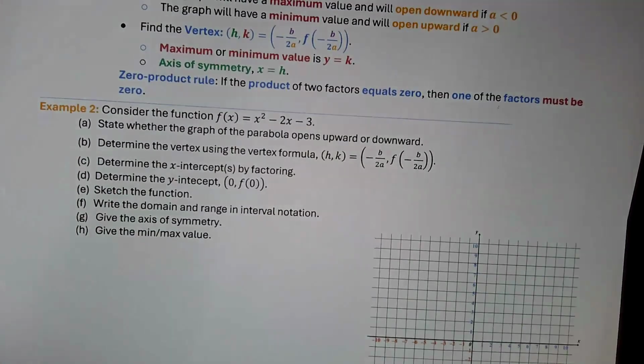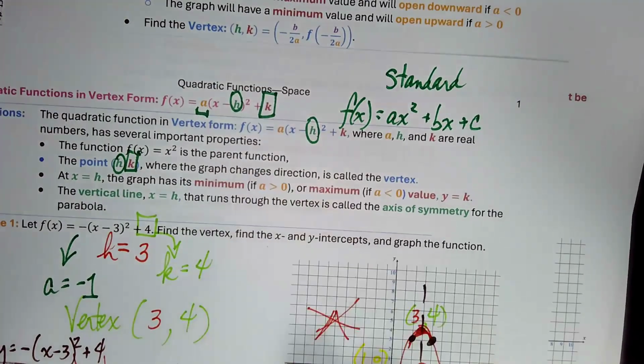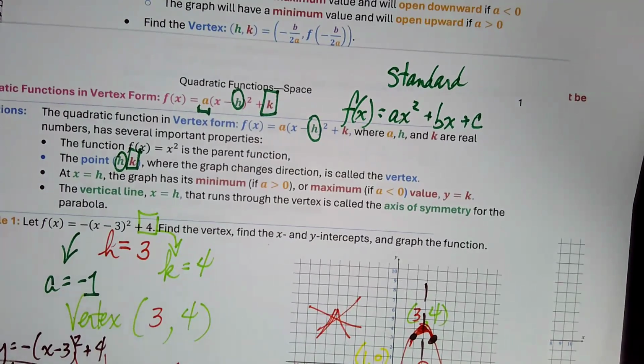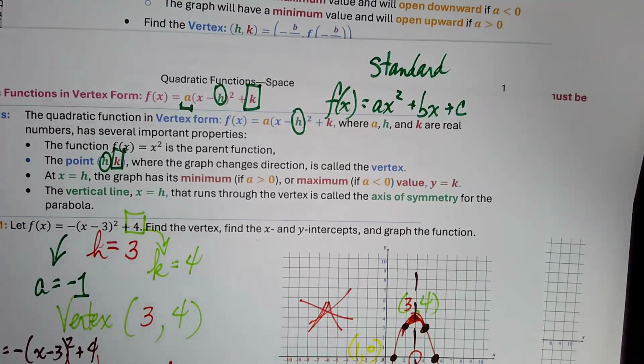Do y'all have any questions about the vertex form? No, I got pretty much all of that. I get lost in the graphing. Were you lost in the graphing?